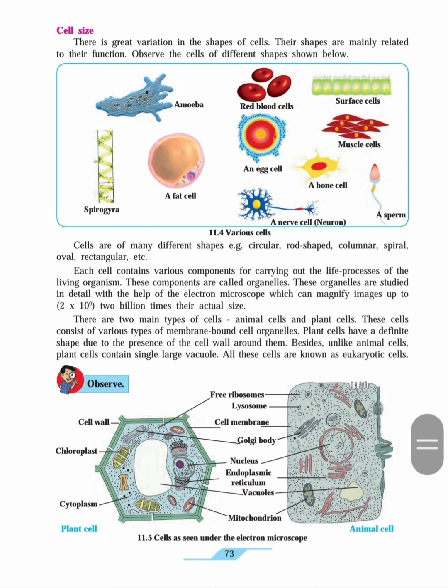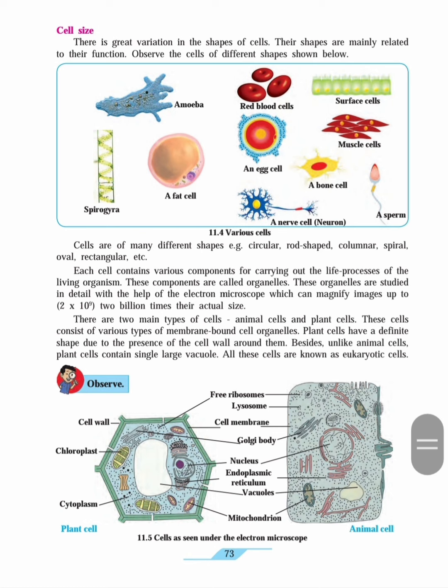Amoeba, red blood cells, that means RBCs, surface cells, muscle cells, a bone cell, a sperm, a nerve cell, neuron, an egg cell, a fat cell, spirogyra. These are different types of cells with different shapes and different functions. Cells are of many different shapes.